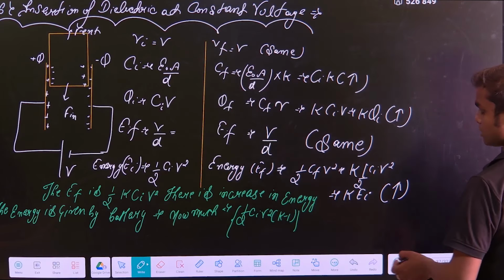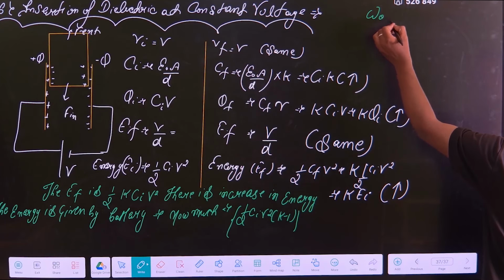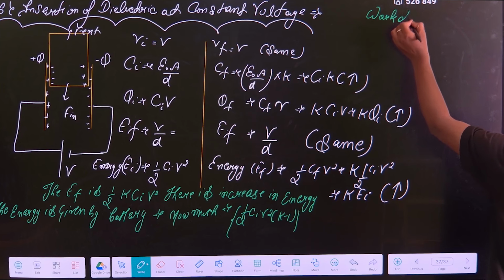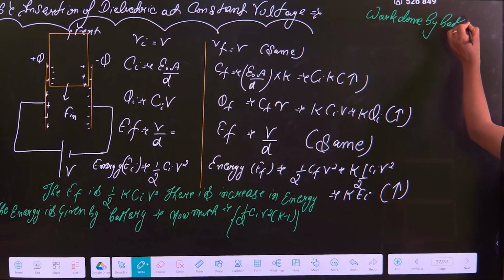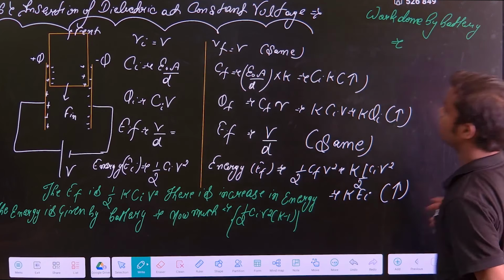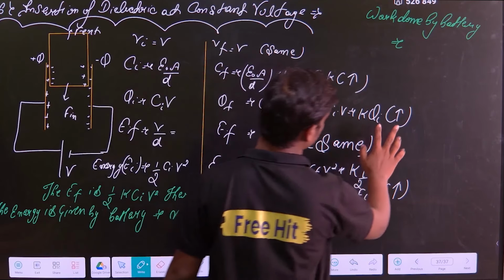Let us calculate one thing. What is the work done by the battery? What is the formula for work done by the battery? That is charge flown times potential. What is the charge flown? See, initial charge is Qi, final charge is K times of Qi.